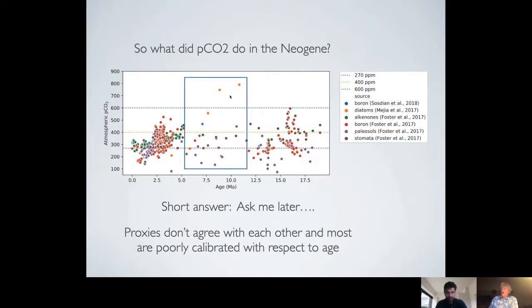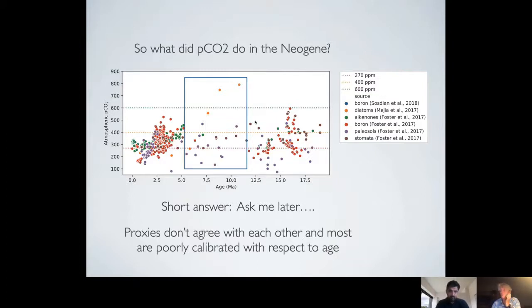So the proxies don't agree with each other, and they're poorly calibrated with respect to age, and so we don't know what CO2 did in this time. I just challenge you to tell me, please, somebody tell me what happened to CO2. So I don't know the answer to that, but it is a solvable problem.